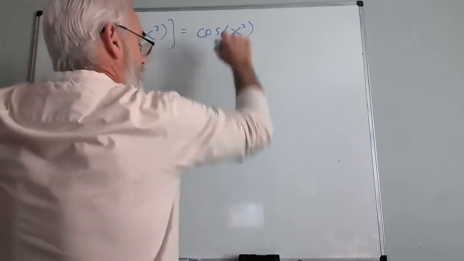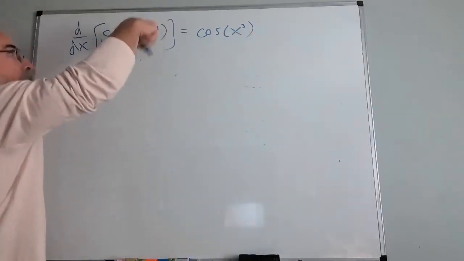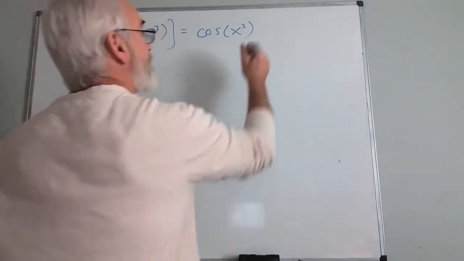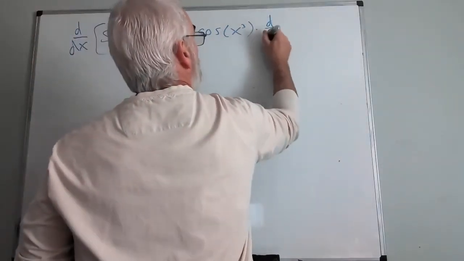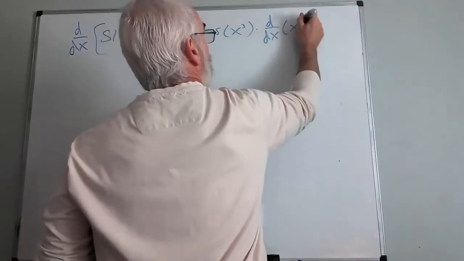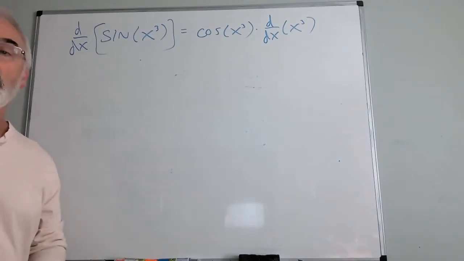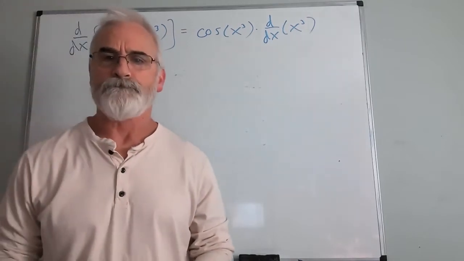The argument cannot change. But at some point, I have to deal with the fact that I have an x cubed. And that's the next thing that's called, again, the chain rule factor. It's sitting right there. Now, if I take the derivative of x cubed, I'm going to get 3x squared. The question is, where do I put it?